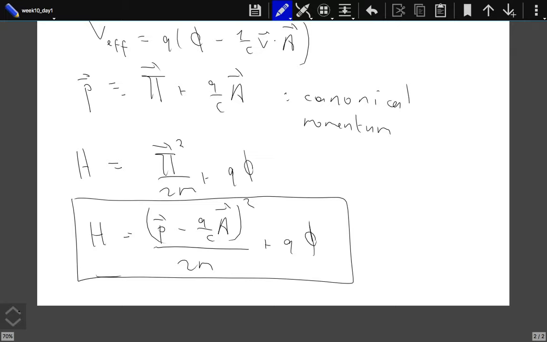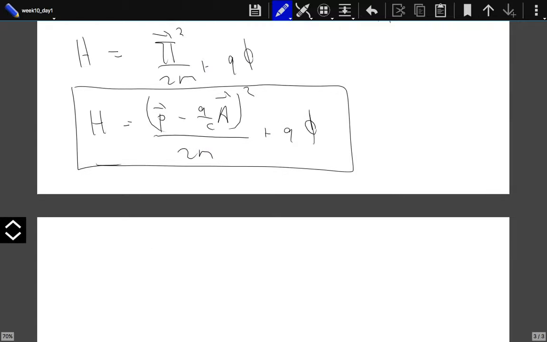And you see this P over here, let's get the equations of motion. What is dx by dt?